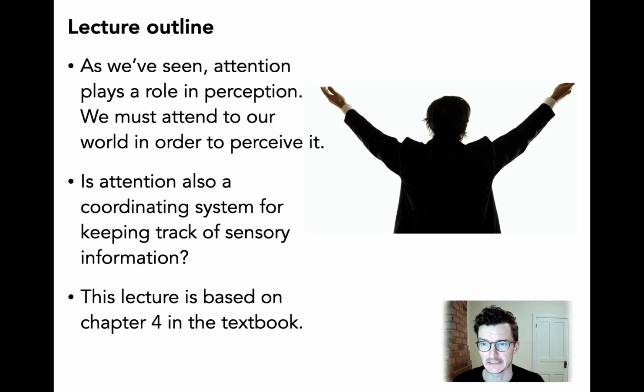So as we've seen in the past two lectures, attention seems to play a critical role in perception. We must attend to our world in order to perceive it, and indeed, when we're involved in tasks that are very difficult, that use up a lot of our attentional resource, we can misperceive things in our world, or even not perceive things at all.